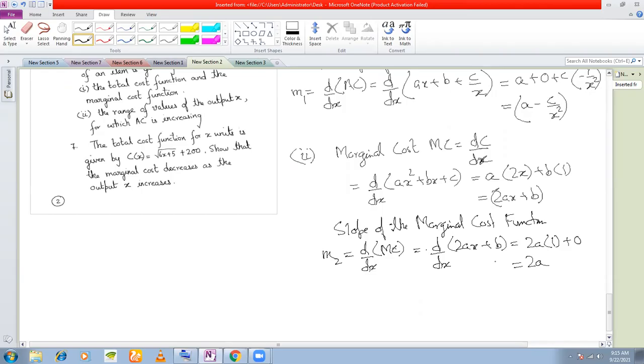Okay, that is how you find out the slope of the marginal cost function. Interestingly, what you see is that the slope of the marginal cost function is a constant. This is just an observation.